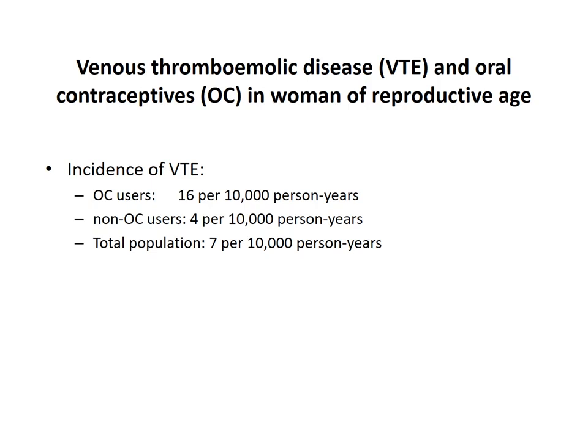However, the incidence of VTE among non-oral contraceptive users was 4 per 10,000 person-years. If we divide the incidence in the exposed versus non-exposed, we obtain 4, which means those women who are taking oral contraceptives are 4 times more likely to have an increased incidence of VTE when compared to women not taking oral contraceptives. This is also an example of a retrospective design.